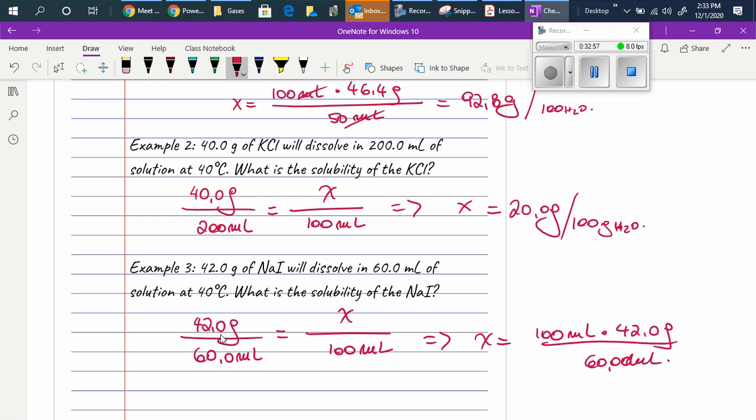And then from here you can find that the solubility at 40 degrees for sodium iodide is 70.0 grams in 100 grams of water.